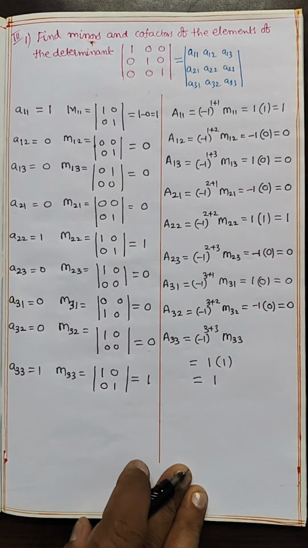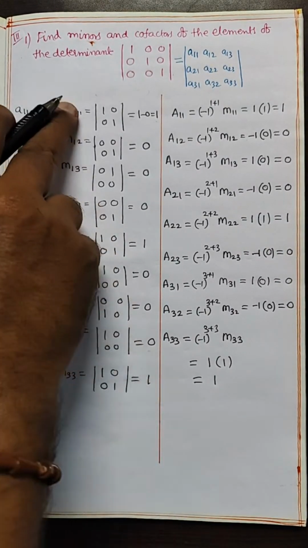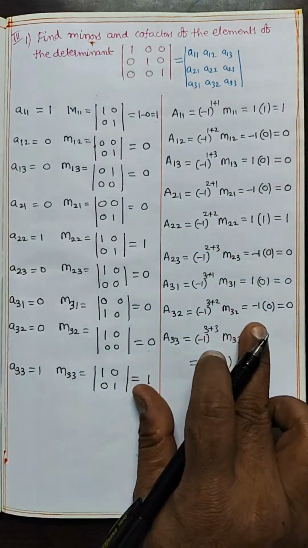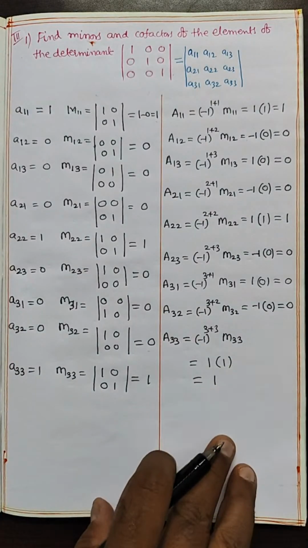This is the way we can calculate minors and cofactors of the elements of the given determinant.